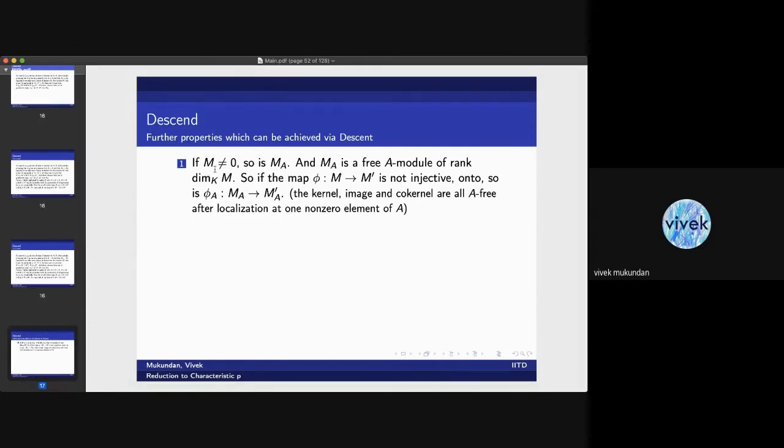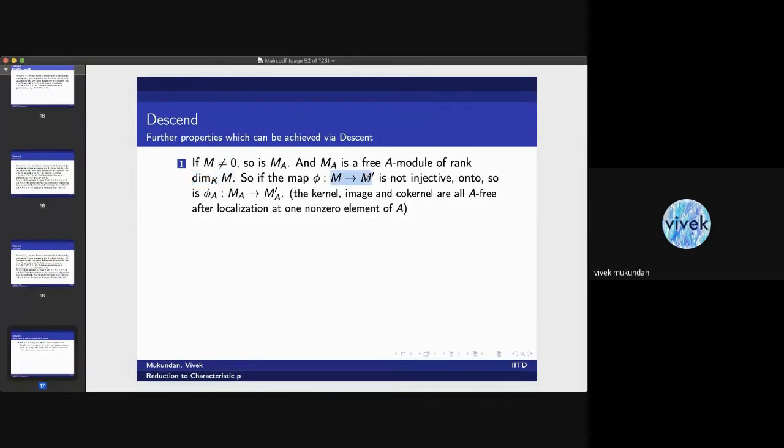Okay, so further properties which you can achieve via descent. If M is a non-zero module, then the descent M_A will also be a non-zero module. And M_A is an A-free module, we get this by generic freeness. It has the rank at the same dimension of M, which is usually infinite.